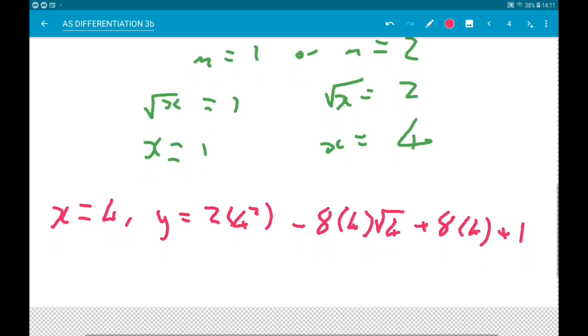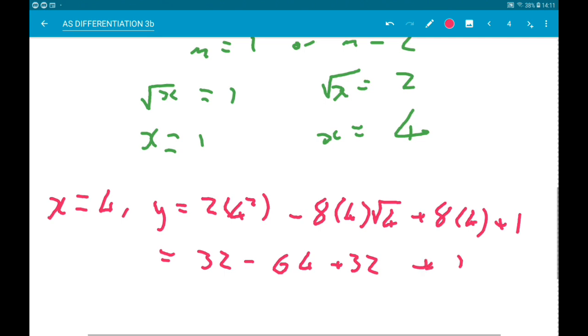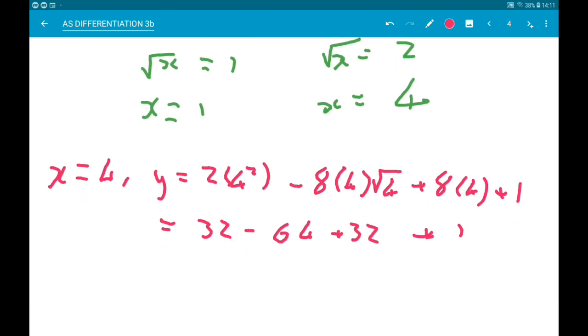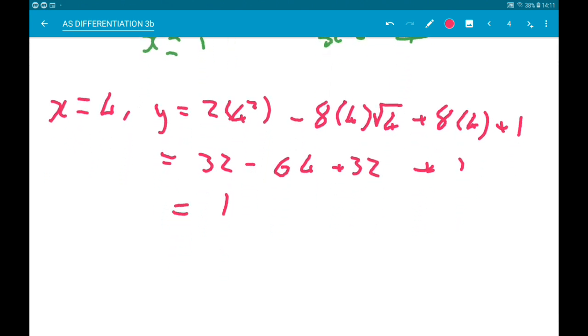So that is going to give us 32 minus 64 add 32 add 1, which just gives us 1. So the coordinates are 4, 1.